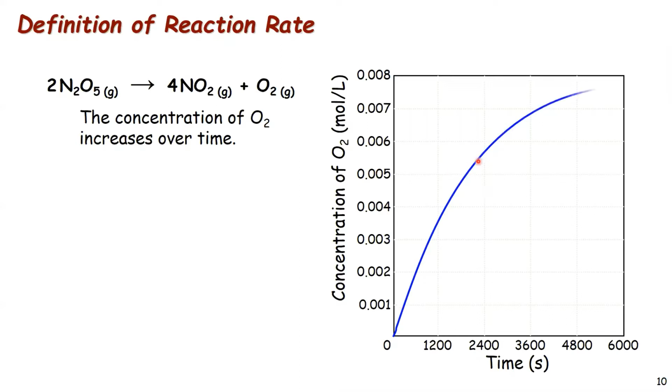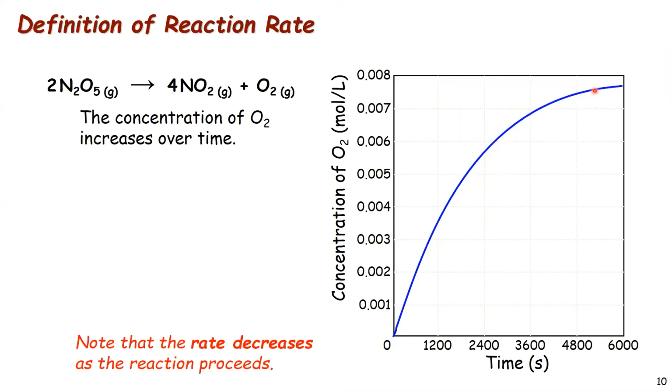Then all of a sudden, it starts to slow down and eventually levels off. And this is because as this is increasing, right, two things are occurring. First, the concentration of N2O5 is decreasing, which means there's less and less to react. And secondly, the concentration of O2 is increasing.